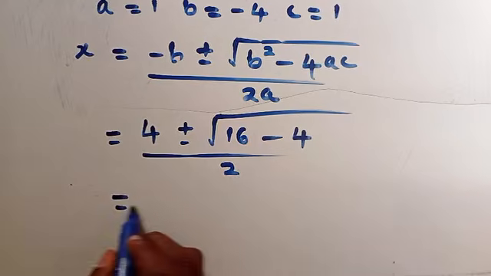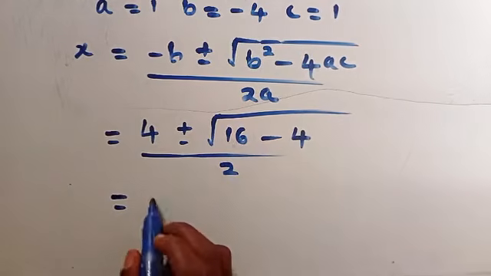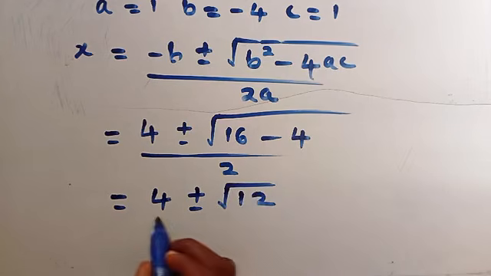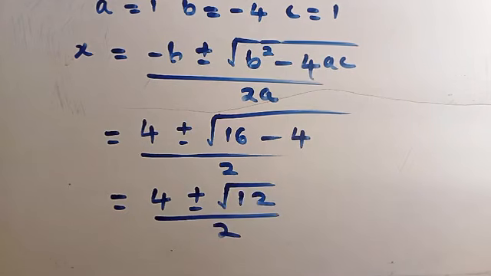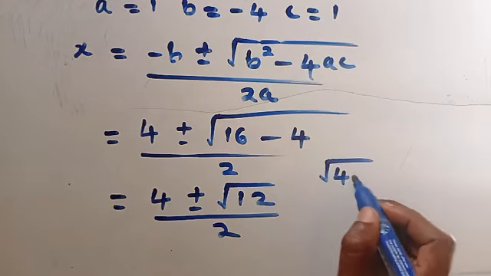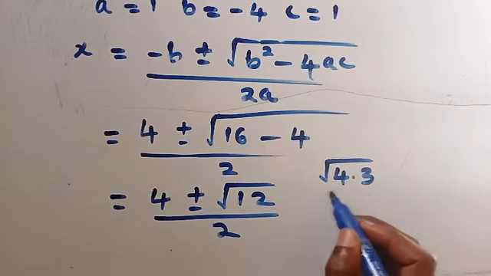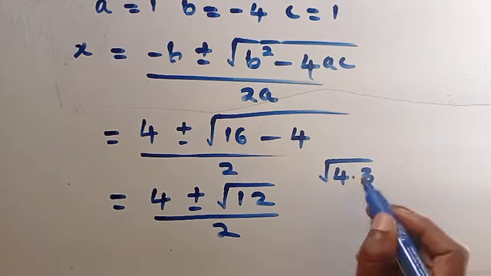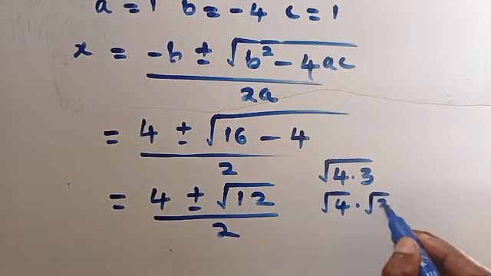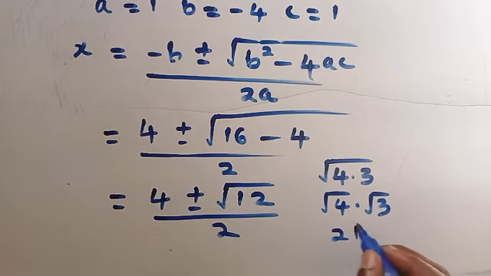Subtracting 4 from 16, we have 4 plus or minus the square root of 12 divided by 2. But the square root of 12 we can simplify as the square root of 4 multiplied by 3. Separating this, we have the square root of 4 multiplied by the square root of 3, where the square root of 4 is 2, multiplied by root 3.